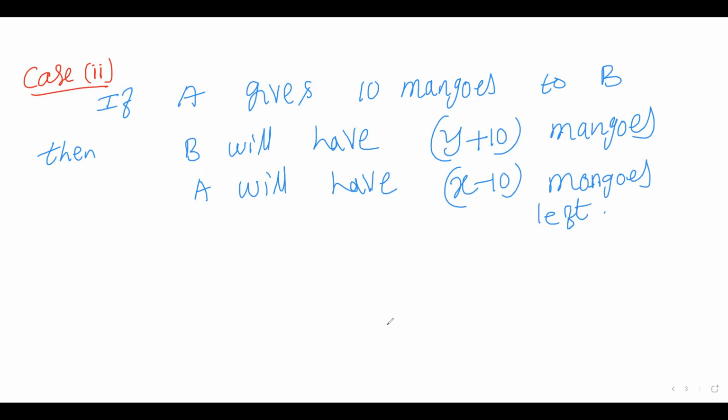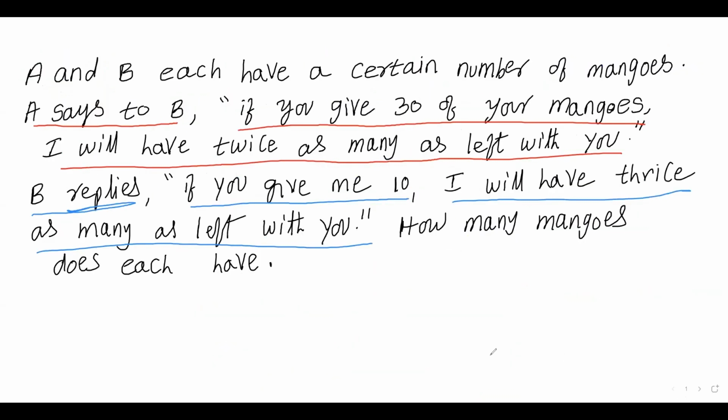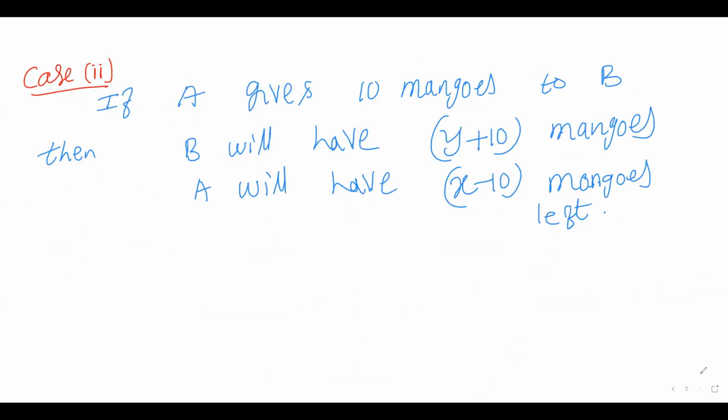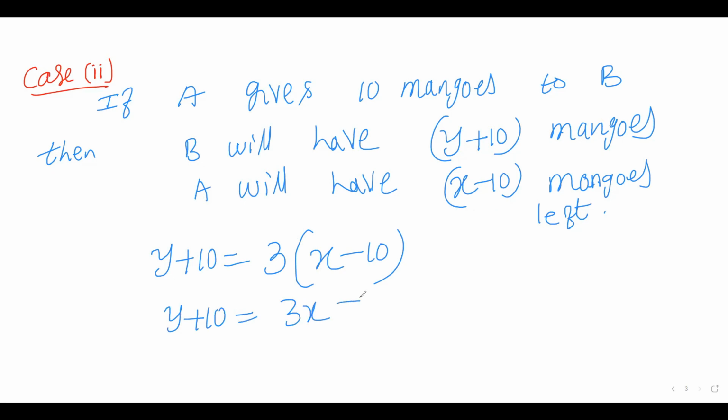So now what is the condition? B is saying that I will have thrice as many as are left with you. B will have thrice as many as are left with A. These are the leftover mangoes after giving 10 mangoes to B. Now here I will get one equation. y plus 10 is equal to 3x minus 30.